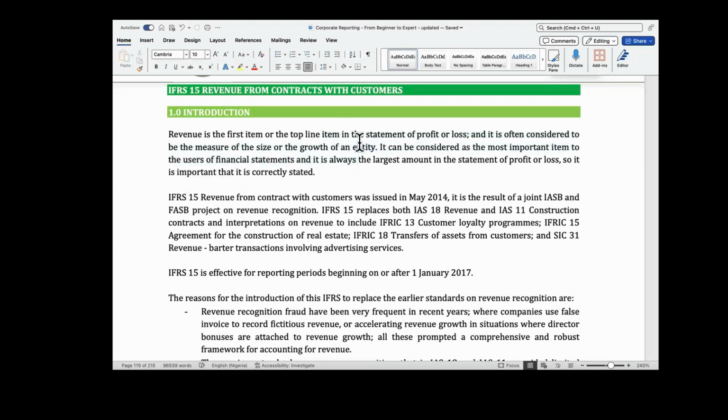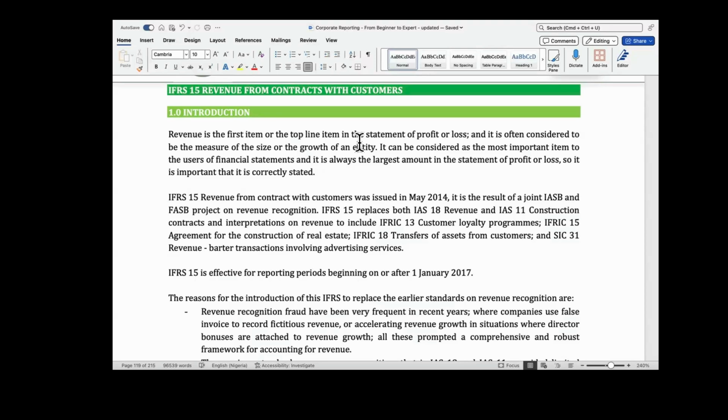When you want to know whether a company is doing well or not, the first area you consider is how much it is making, what its revenue is. Most importantly, revenue is always the largest amount in the statement of profit or loss.